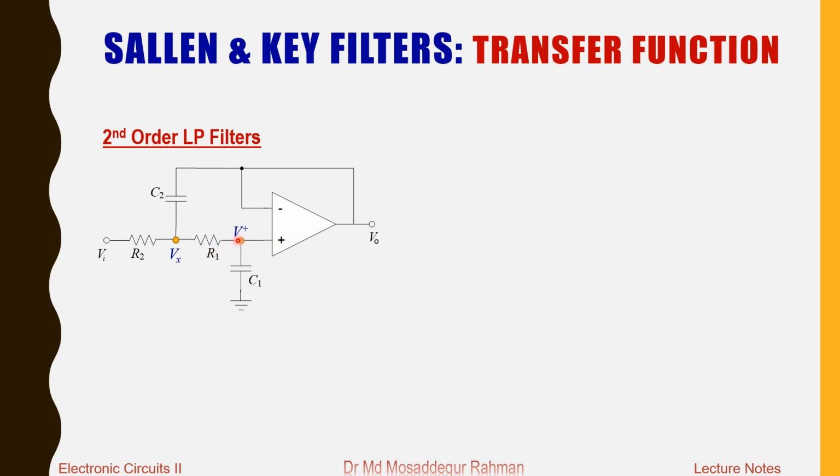The other two nodes at the input, Vi, and output, V0, are already assigned, so we don't have to do anything. So that is our first step: identify and assign node voltages Vx and V plus to the two nodes.